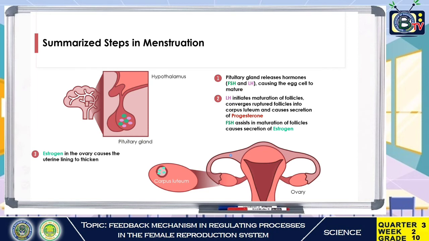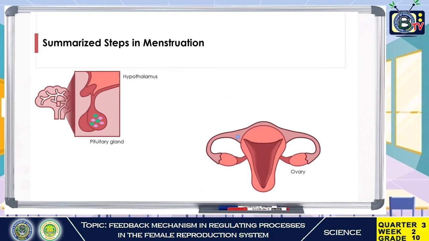Meanwhile, the ovary itself releases a hormone called estrogen, which causes the uterine lining to increase in thickness. The uterine lining becomes thicker so that the fertilized egg can attach to it.